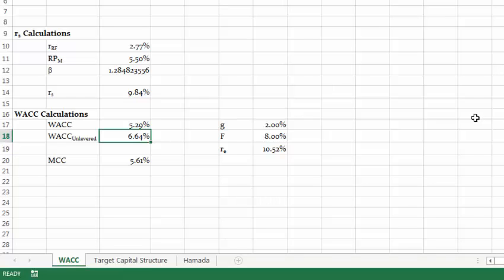Just saying. At this point, I think we're going to call this one video, because in the last chunk, we're going to have to do some valuations using our weighted average cost of capital and probably our unlevered weighted average cost of capital. I want to make the point that typically the reason companies have debt is because the firm is worth more with debt than it is without debt.